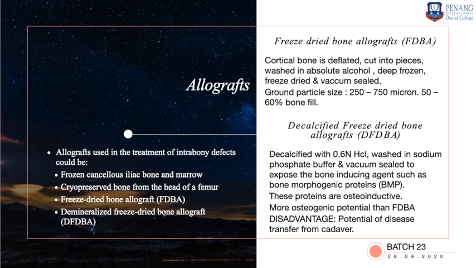What is the advantage of using a decalcified freeze-dried bone graft? In these bone grafts, the inorganic material is removed so that the organic materials like proteins present inside the bone graft will be exposed.